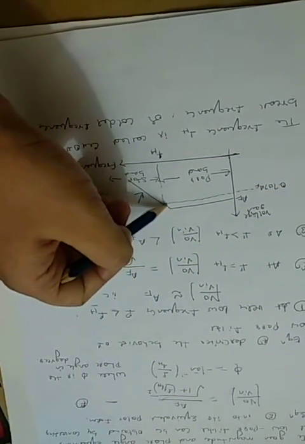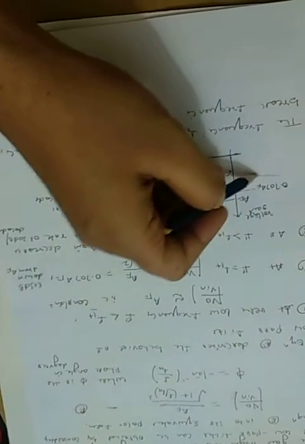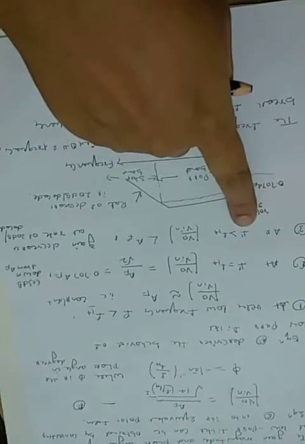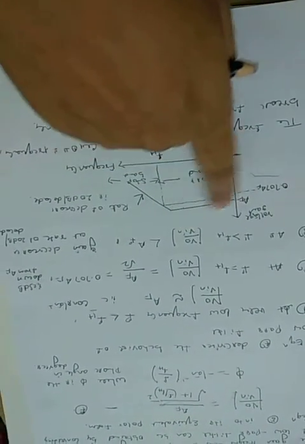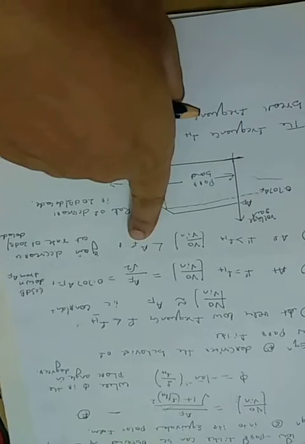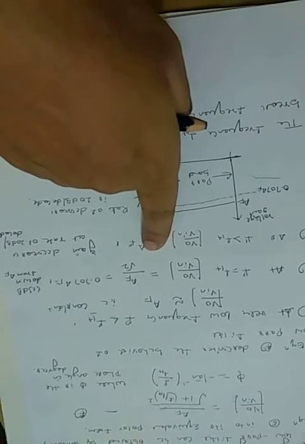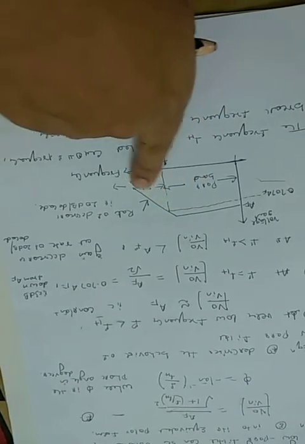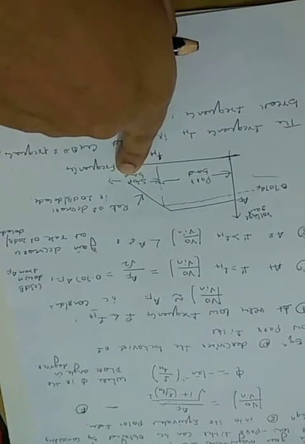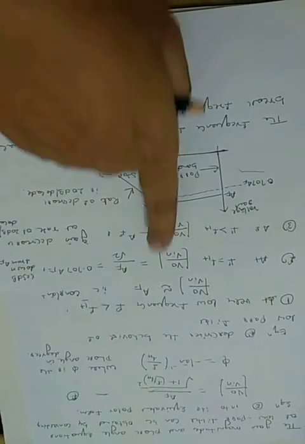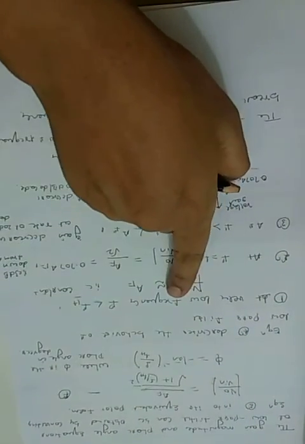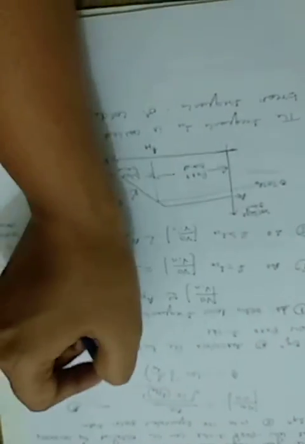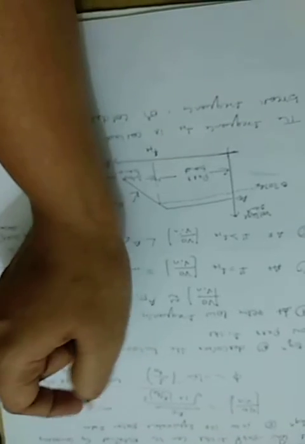So at F equal to FH, the gain is 0.707 AF. For F greater than FH, V naught by V in is less than AF, so it starts decreasing. This equation describes the behavior of the low pass filter.